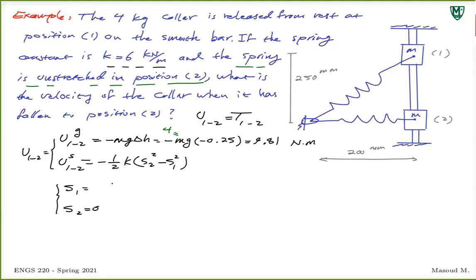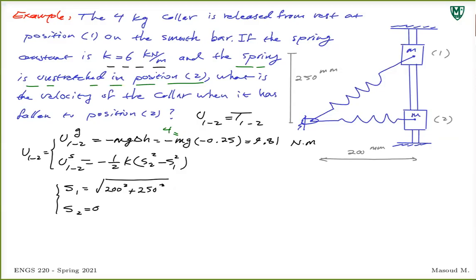The current length is basically the hypotenuse of that right triangle, 200 millimeters and 250. I'll write it in millimeters so it's easier to follow later on: square root of 200 squared plus 250 squared. That will give you the current length of the spring.